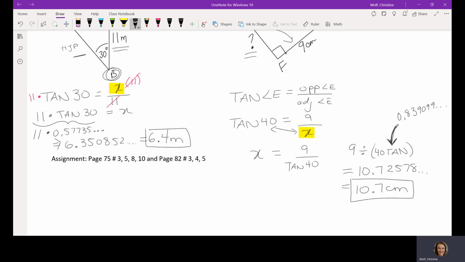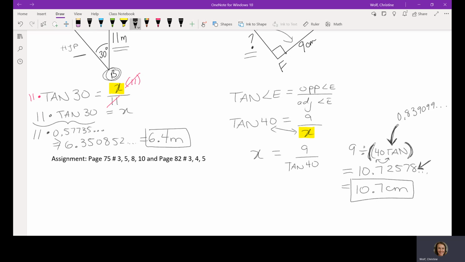So you have to press equals one more time to get the actual length of the side. Like I said, on your calculator, you might have to flip those around and go 9 divided by tan of 40 instead. But whatever you do, put these in brackets on your calculator so it knows that you want to do tan of 40 and not tan of 9.